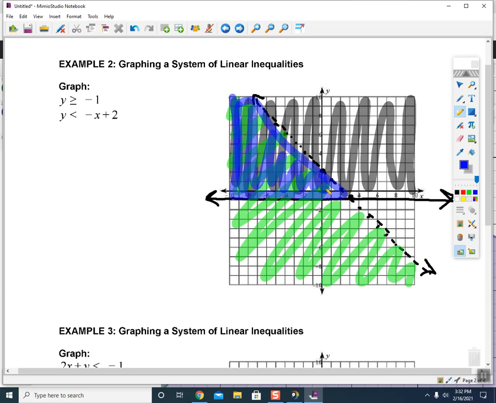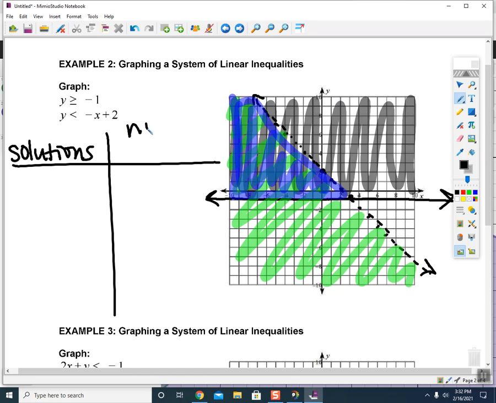So here's what I want to do to help us recognize what are solutions and what are not solutions. Let's go ahead and create a table. So solutions over here. I'm going to put not solutions over here so that we can see the difference.